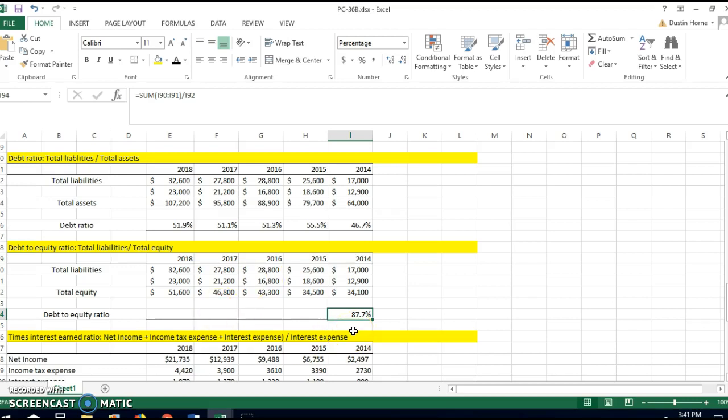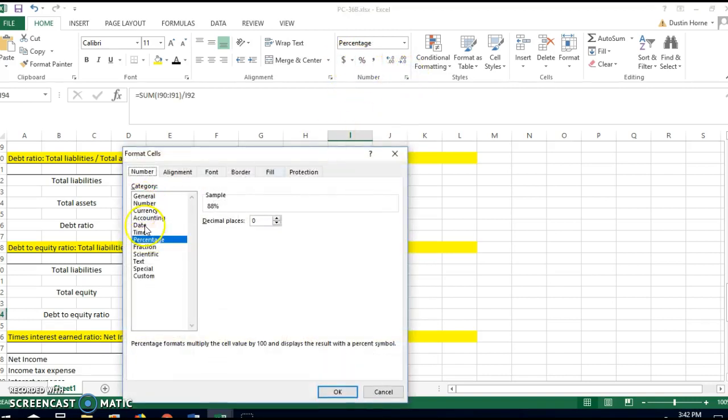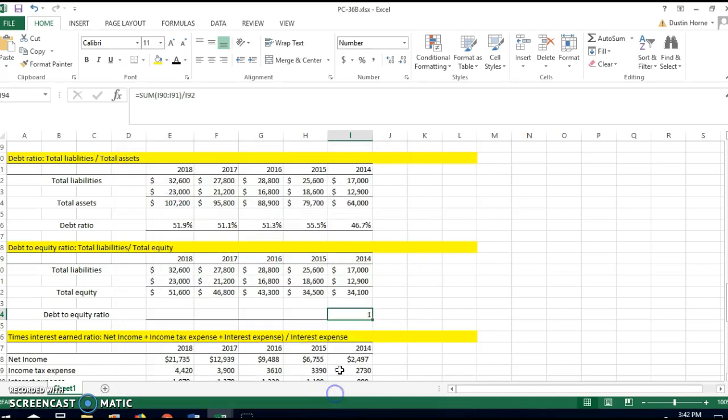And for this ratio, let's just leave it as a number here. And let's copy that over. So you will see that it went up and then went back down.